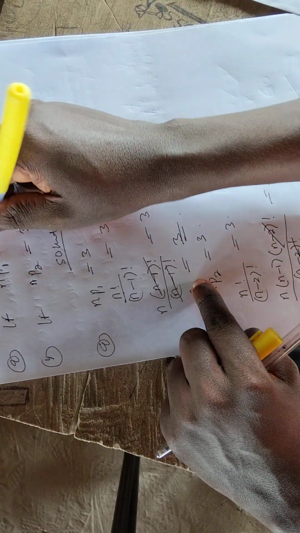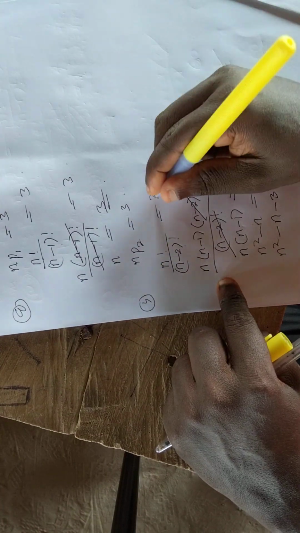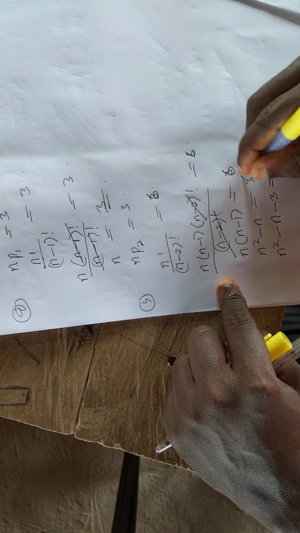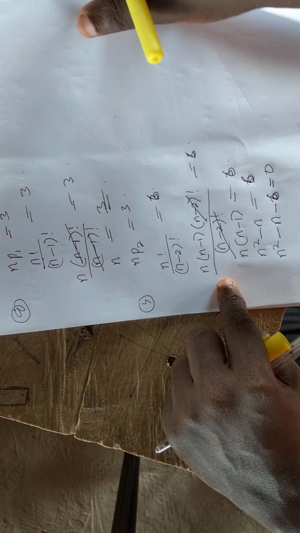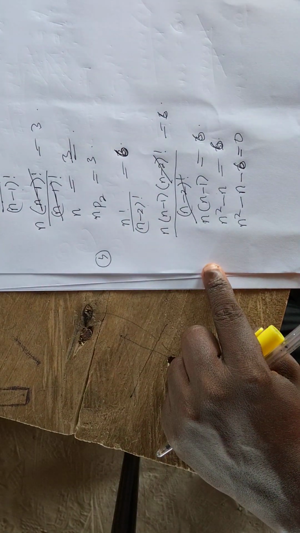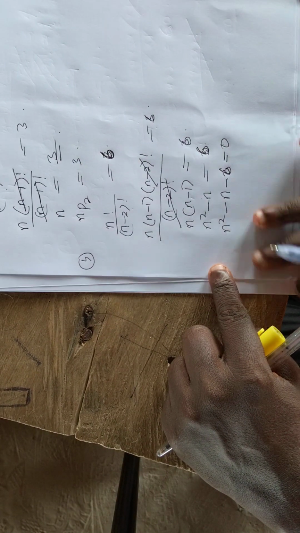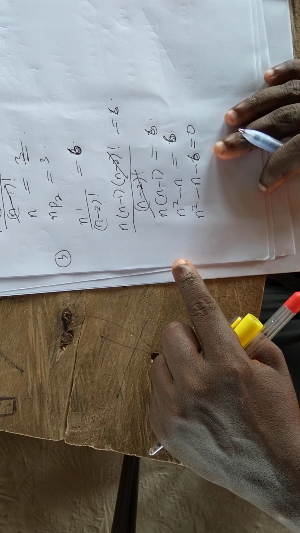Let's put 6, so that we have the correct n equals 6. So here will be 0. Good. So this is a quadratic equation. N squared minus n minus 6 equals 0.